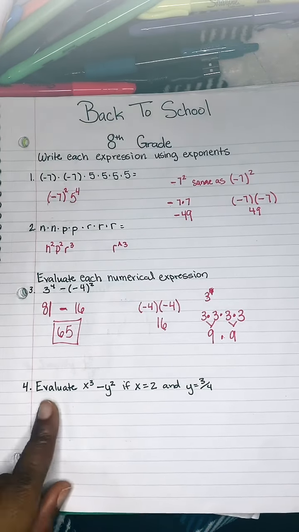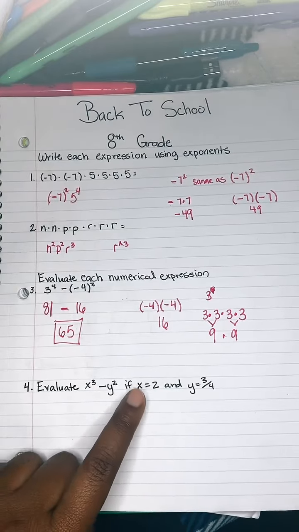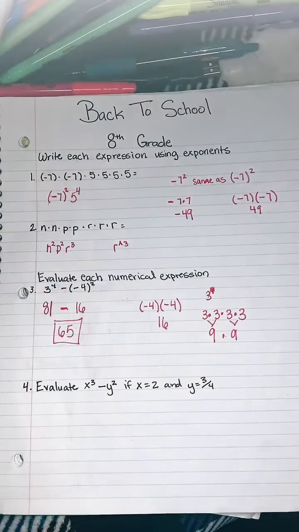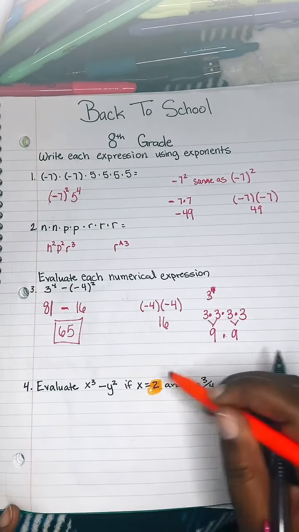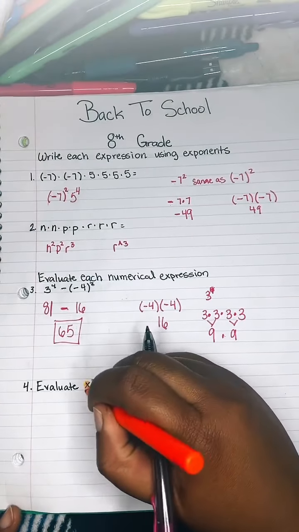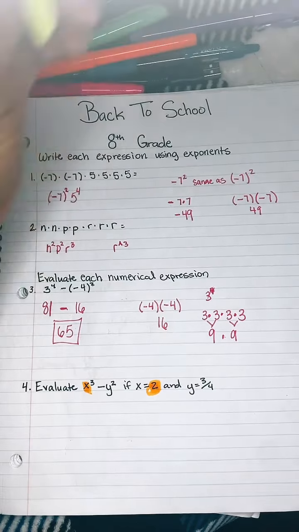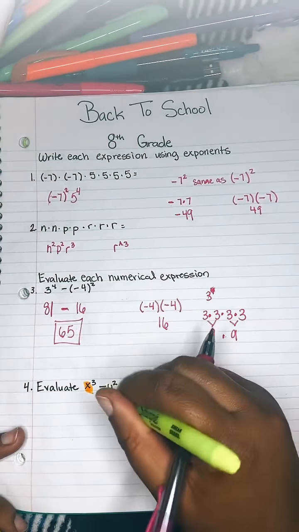Now it says, number 4, evaluate x cubed minus y squared if x equals 2 and y equals 3/4. Whenever you get something like this, you want to plug this number 2 in for x, and then plug in this 3/4 wherever you see a y.